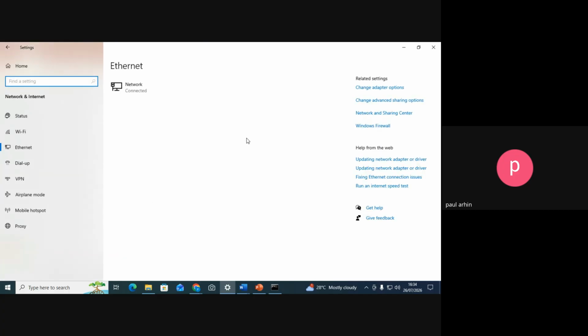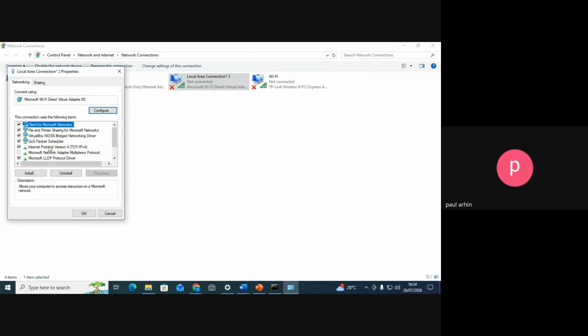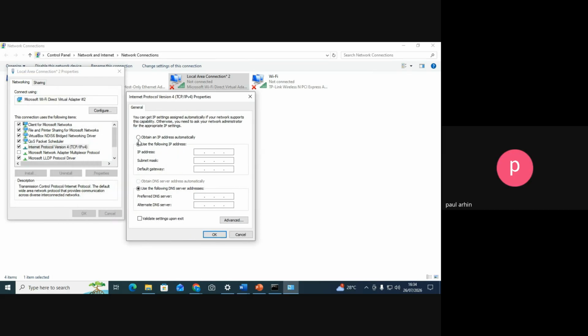Let me get this one here, then properties again. This is version 4. Now look at this carefully. Let's all observe it. When I enter a class A IP address, 10.12.4.6. Now look at this.